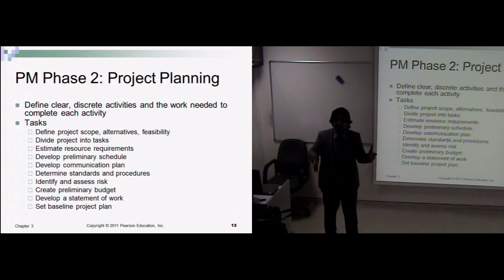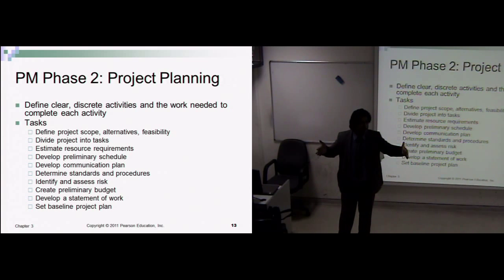We will say, okay, this is the project start line and this is the project deadline. Within this start and deadline, we divide the project into different tasks and activities, and every activity or task will have a certain start line and deadline, keeping in mind that all of them must be finished before the deadline of the project.